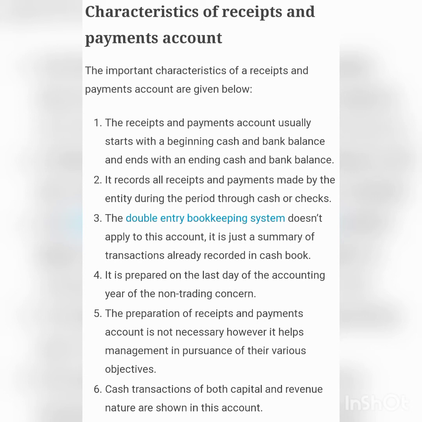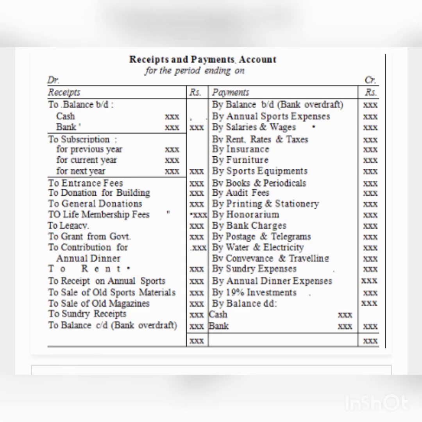Next we are going to study the format of receipts and payments account. It is just like a cash book. On the debit side, we enter all the incomes or receipts of the non-profit organization. It starts with the opening balance of cash balance and bank balance.